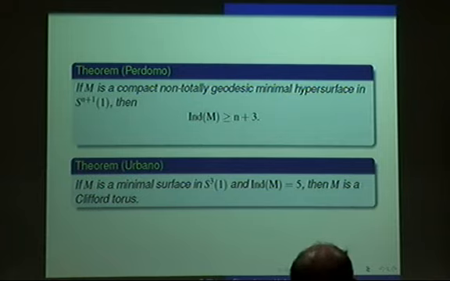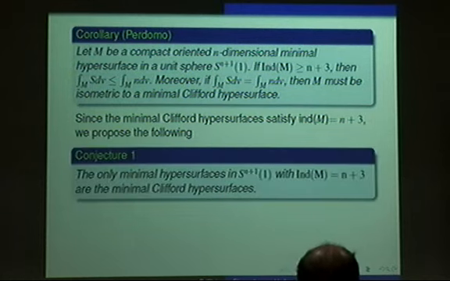So for this special case, for the minimal surfaces, this conjecture is true. It means if n is equal to 2, the index is equal to 5, and then the minimal hypersurfaces satisfy this equation as the minimal Clifford hypersurfaces.